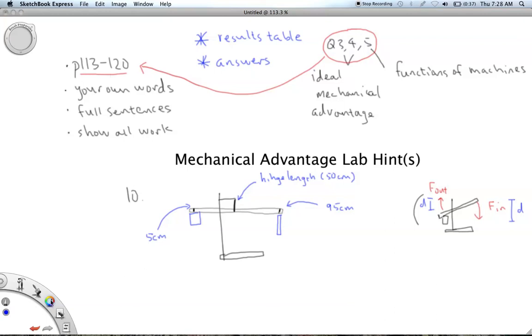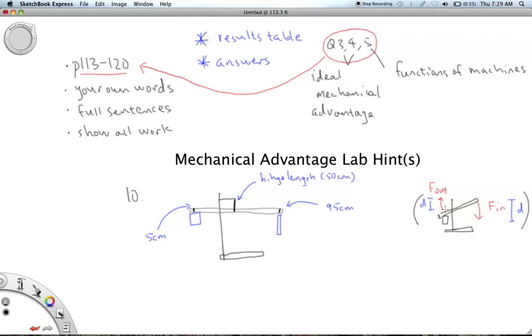Okay, so you may have to go back and read the steps again, or at least try and remember what exactly happens when someone in your group pulled down on it, the actual distances. The distance you pulled down, so the distance that this ruler went from at an angle to being parallel to the ground, following the direction of this arrow, that was the distance moved by the input force.